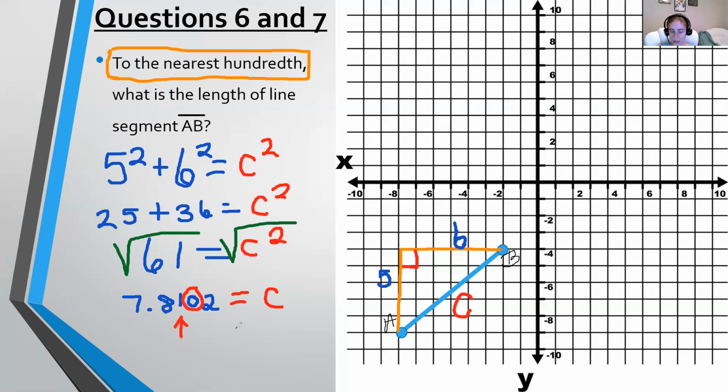With rounding, if the number that you're using to round is a 5 or above, you round up. If it's a 4 or below, you round down. So that's 0, therefore we round down, and our value for C, the distance of AB, is 7 and 81 hundredths. That is our distance, that is our length.